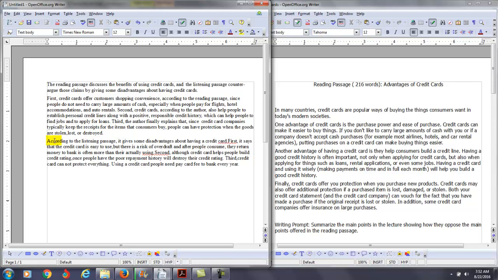Okay, now, probably don't need this first part here. The speaker agrees with the author that credit cards are easy to use.